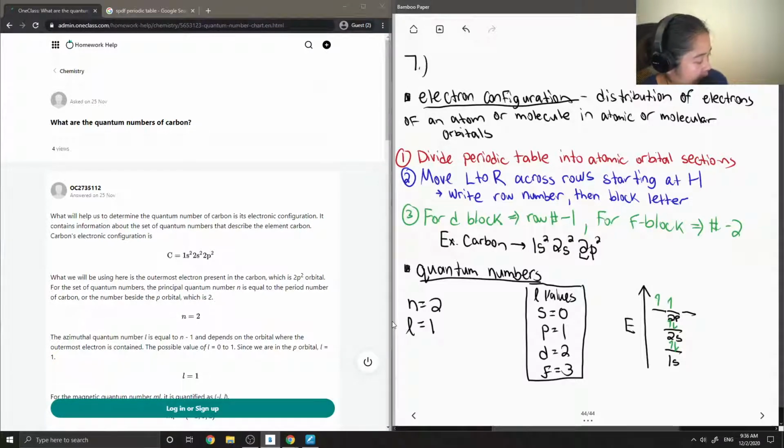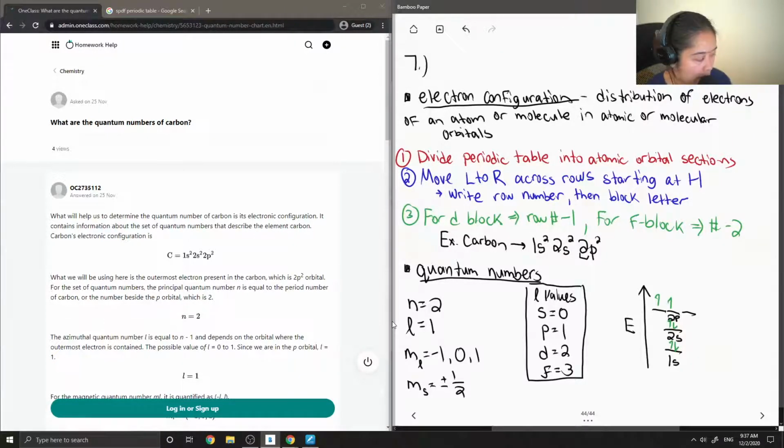When you have an L value equal to 1, then its ML value ranges from -1 to +1. And then lastly, for the spin, this can be equal to plus or minus half.